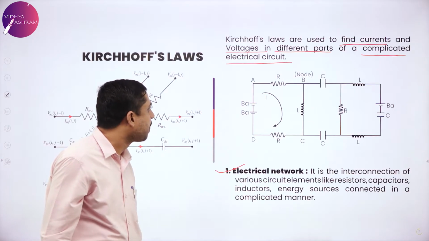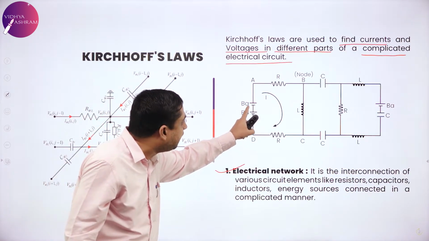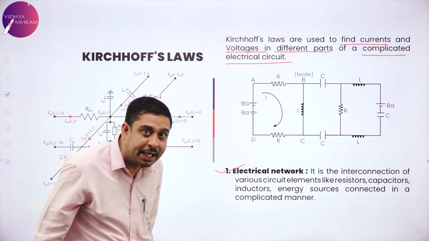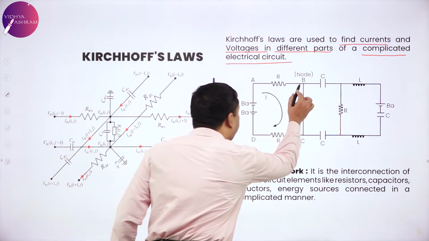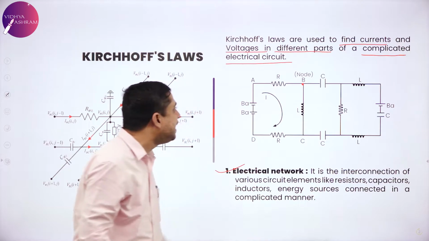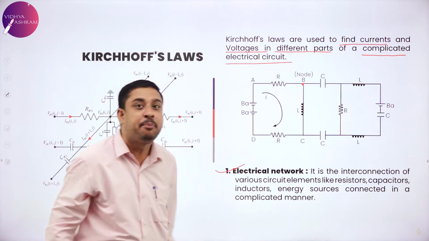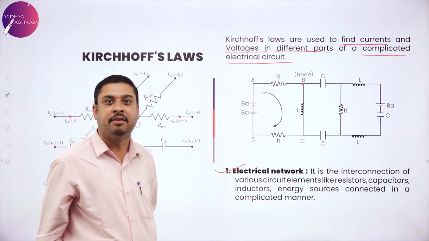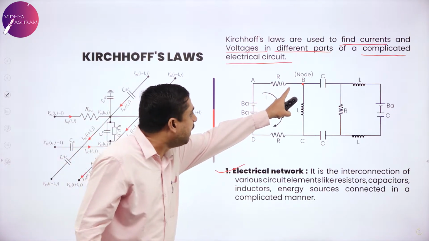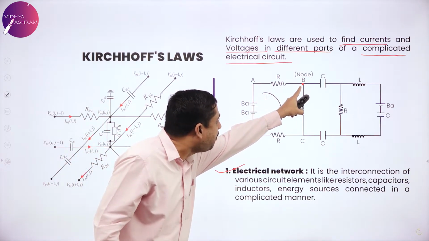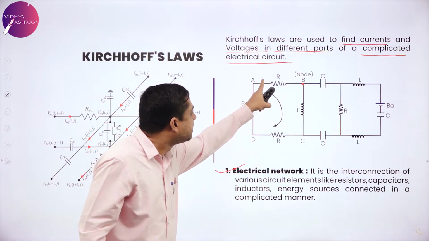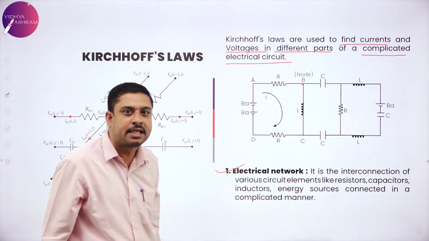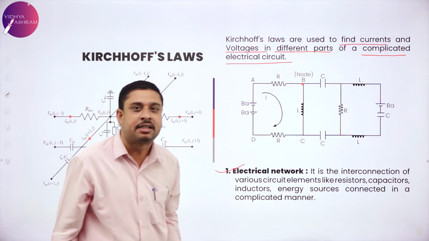My dear students, if you observe this diagram, probably an electrical network, I want all of you to concentrate at this point B. Analyze point B. You will observe that at this single point there is a resistor connected, a capacitor connected, and an inductor connected.